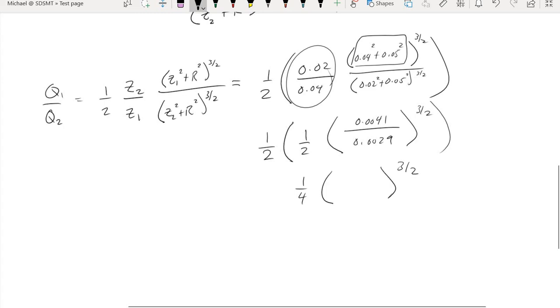So again, it's all about being careful with your algebra. Try not to combine too many steps in your calculator all at once. That's a recipe for disaster.